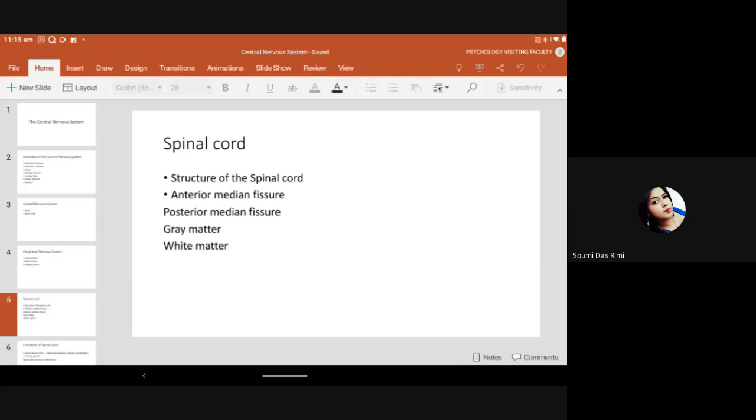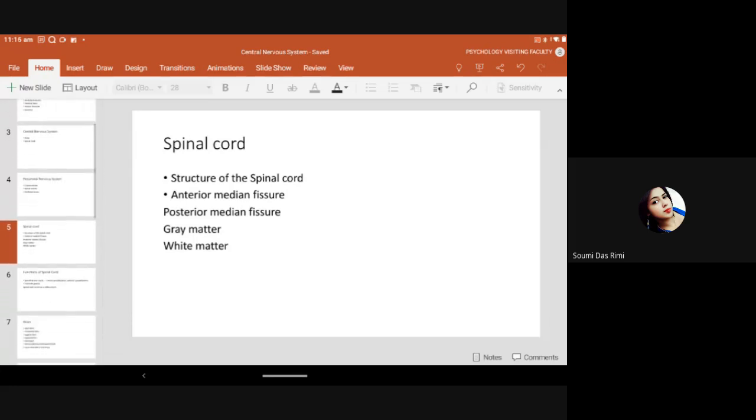The inner core is an H-shaped area, a capital H, which comprises the gray matter and mostly constitutes cell bodies and unmyelinated interneurons. The surrounding area comprises white matter, which constitutes the myelinated axons. So these are all about the structures of the spinal cord.